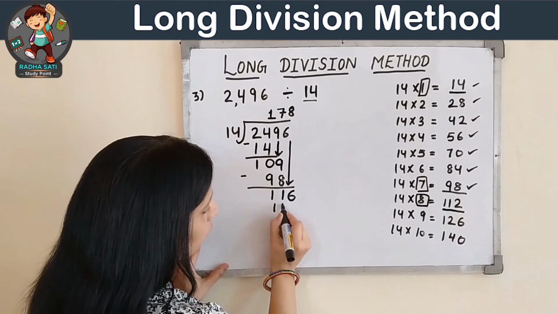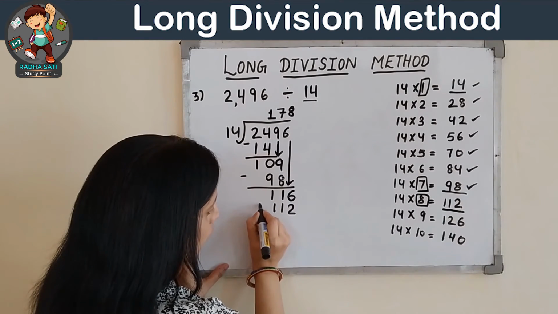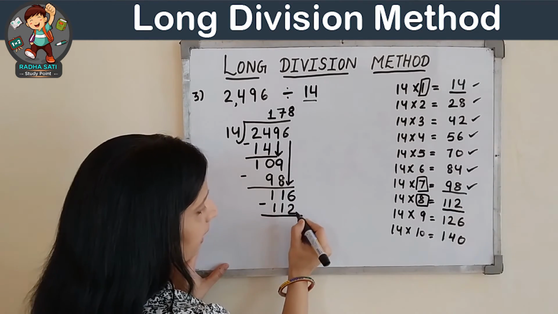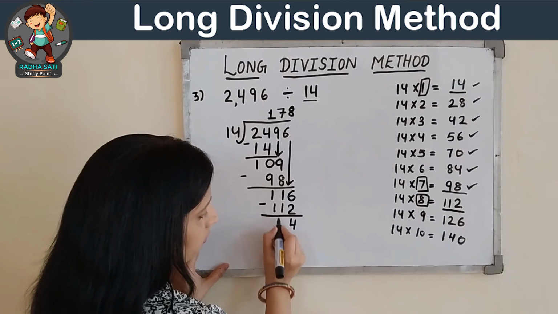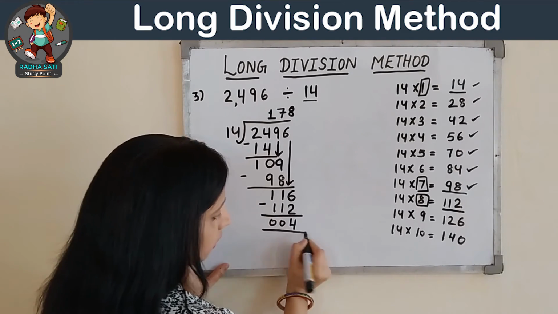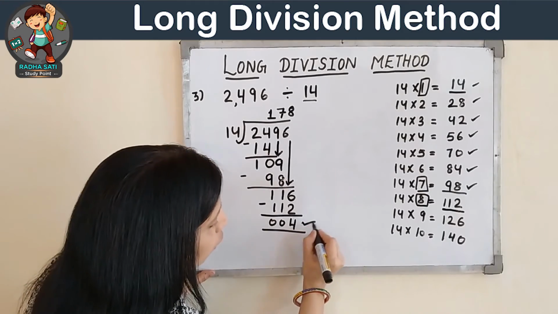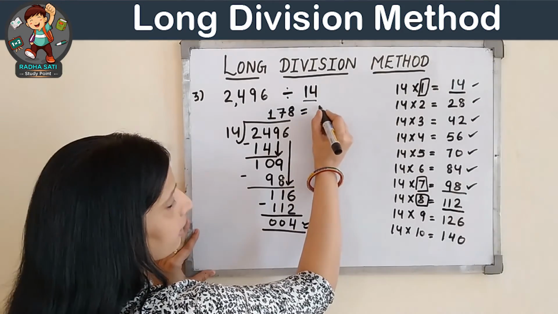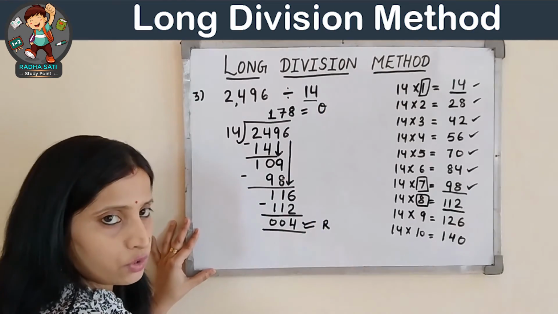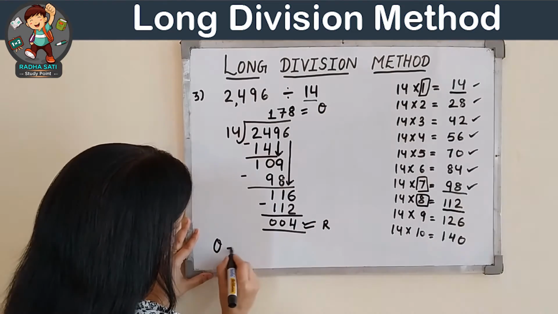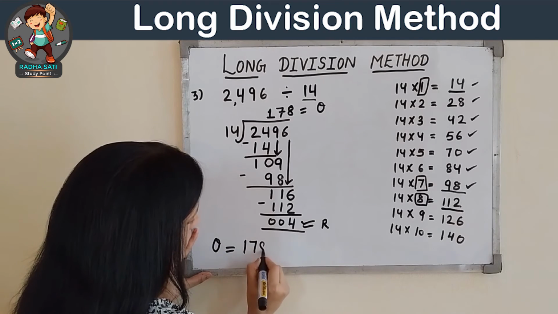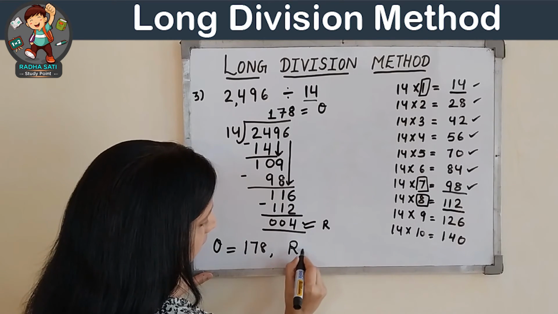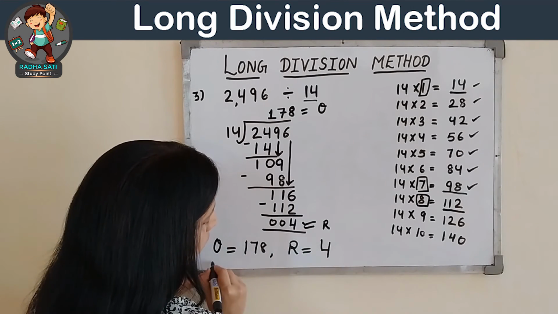And we will write 112 here. Now we will subtract 6 minus 2, 4, 0, 0. This means this 4 will be our remainder and this 178 will be our quotient. So in this question, quotient is 178 and remainder is 4.